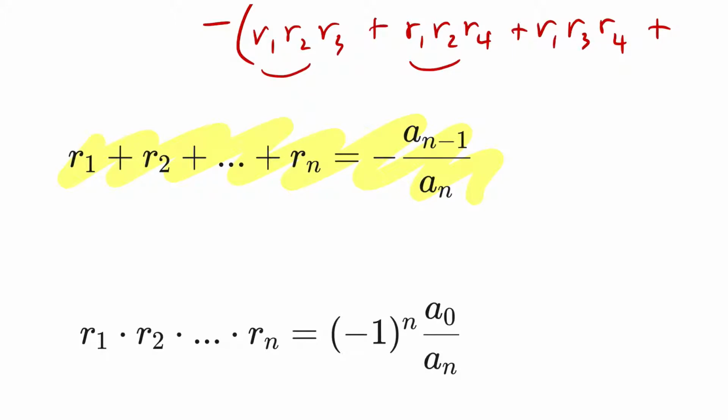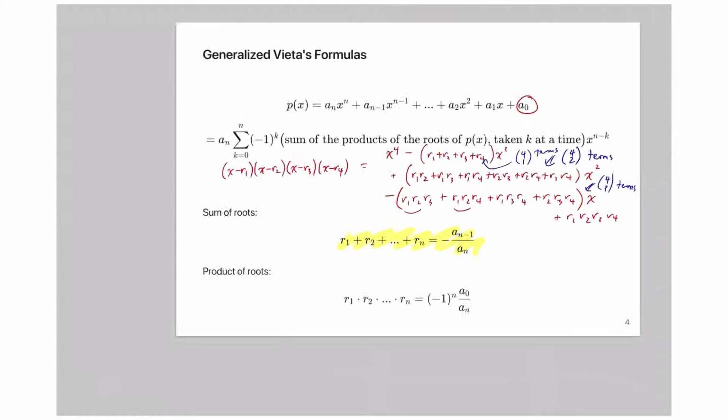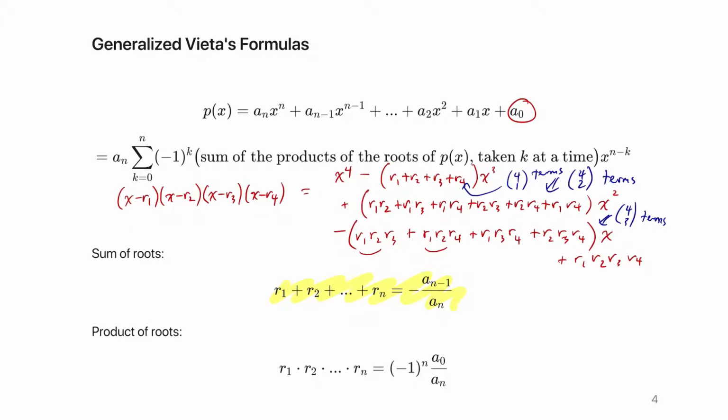So that's where we get negative 1 to the n. So any questions with this? Any questions?